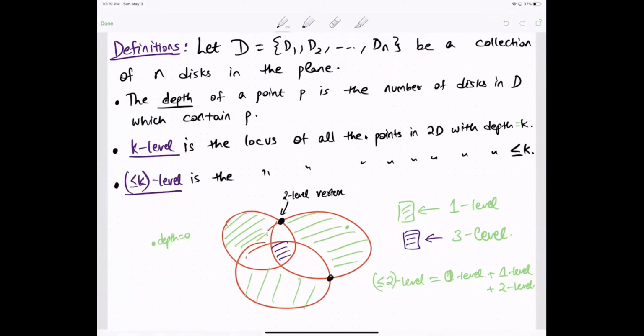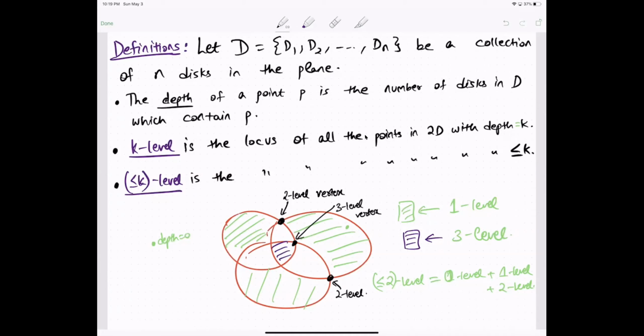This will also be a 2-level vertex. And this one will be a 3-level vertex, right?